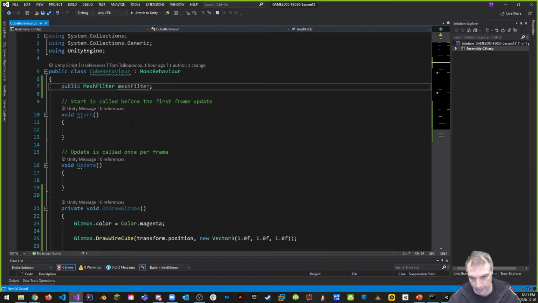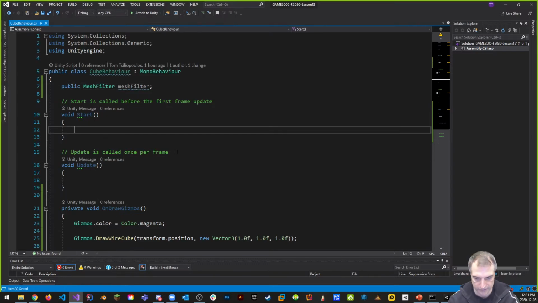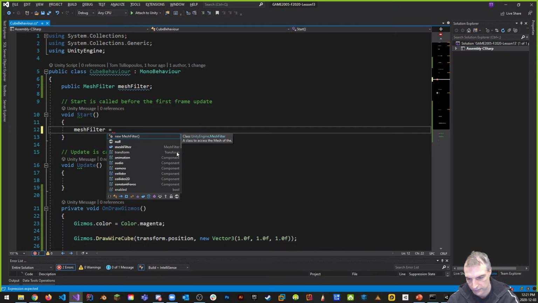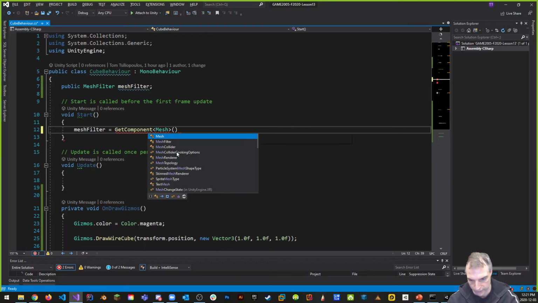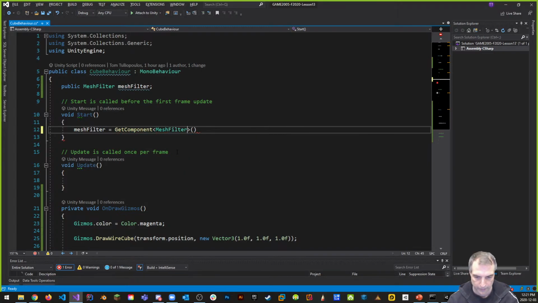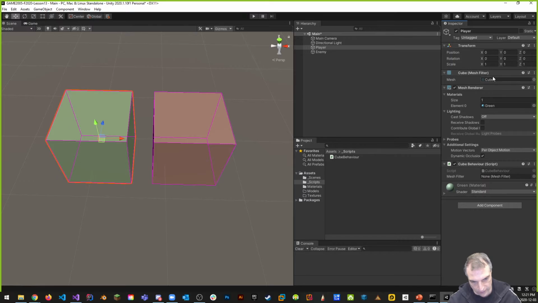We can do that by going into my Start and saying something like meshFilter is equal to GetComponent. We're looking at the component that this script is attached to, right? GetComponent MeshFilter, and then I can press semicolon. And this now has a reference. This meshFilter is a reference to the mesh filter that exists right here.